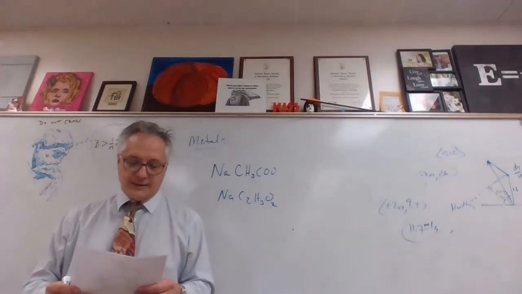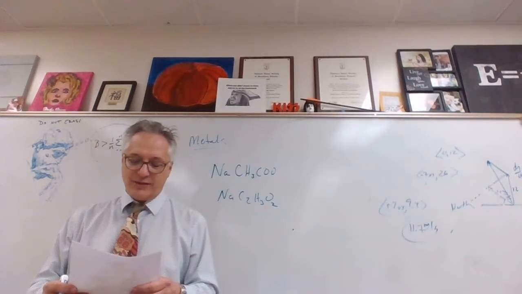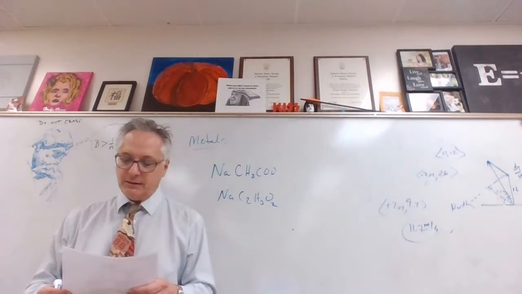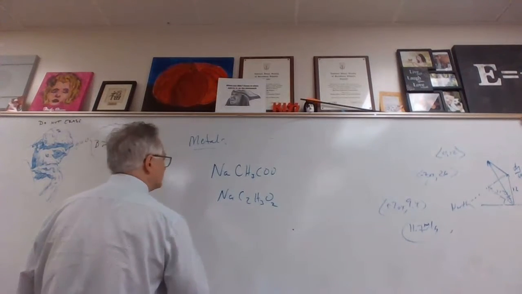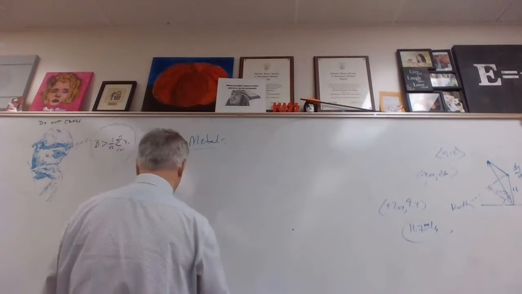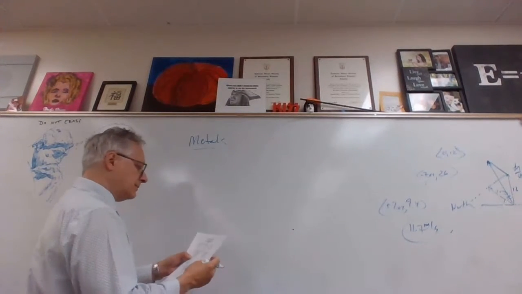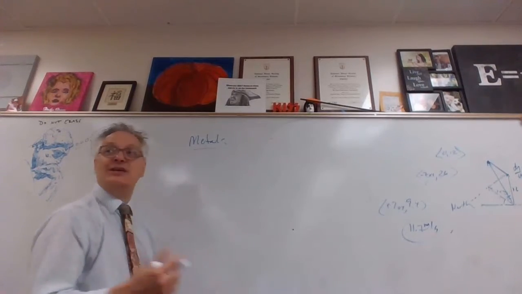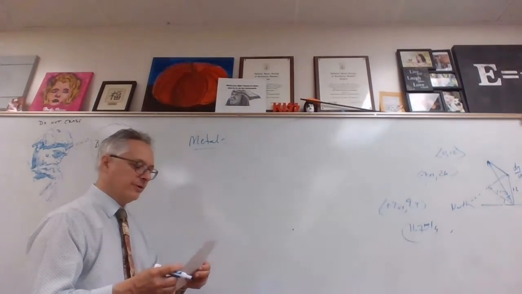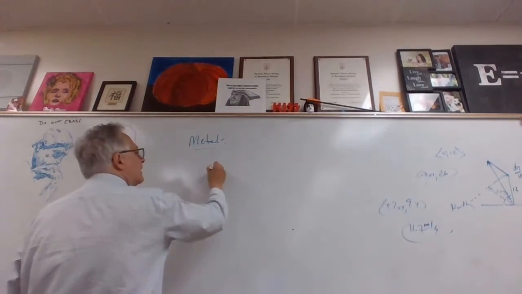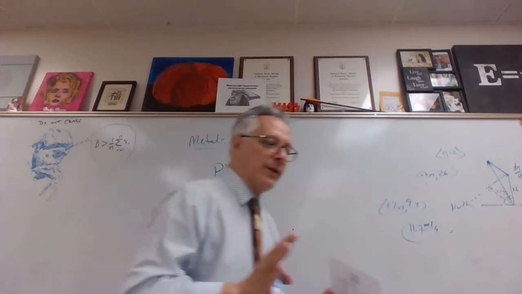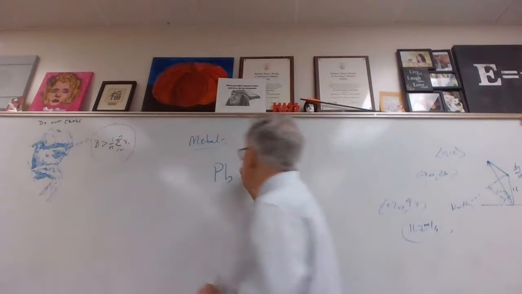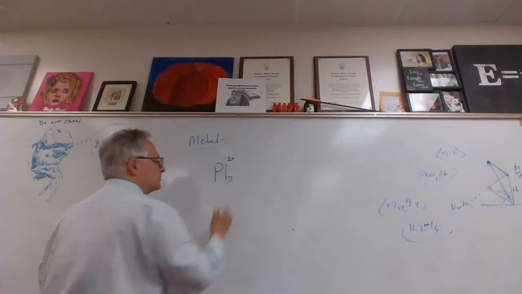Let's take a look at some of these with the parentheses here. Alrighty, let's take a look, for example, at lead 2 nitrate. This is letter J. Well, lead has a Roman numeral 2 in parentheses, so that means the charge on that is plus 2.